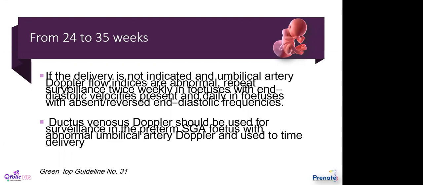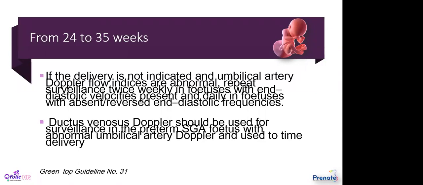It means if we want to keep the baby and don't deliver the baby, we should follow this baby by doing twice weekly Doppler studies in the women where there is absent diastolic flow. If there is reverse diastolic flow, then we should follow daily by doing Doppler artery studies.